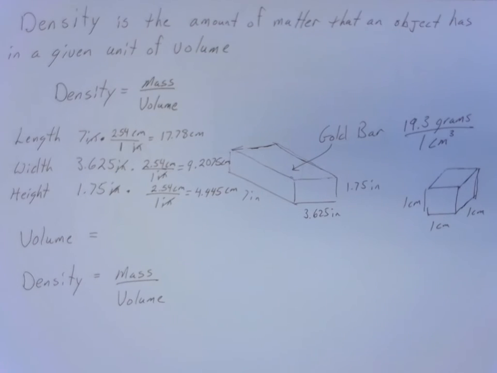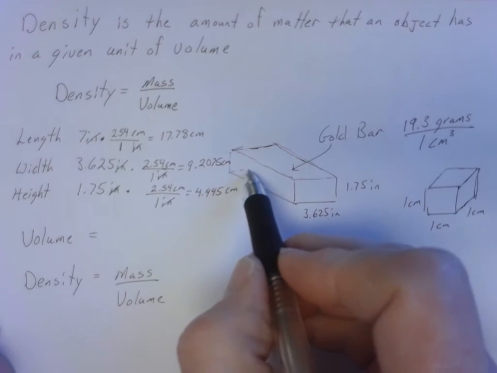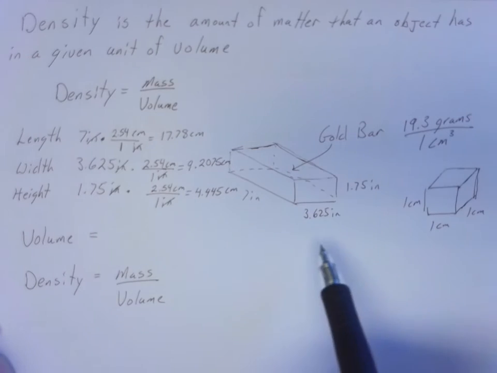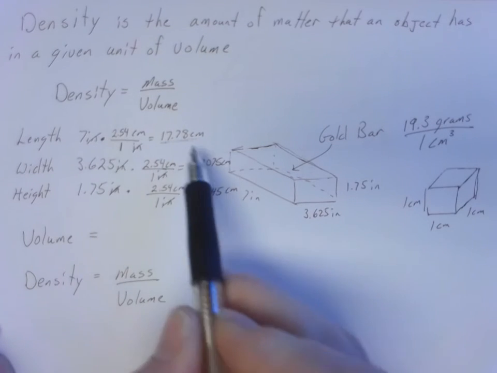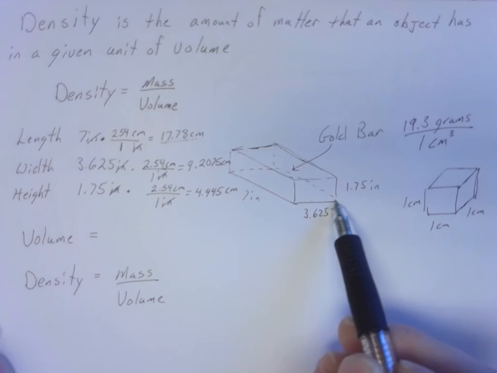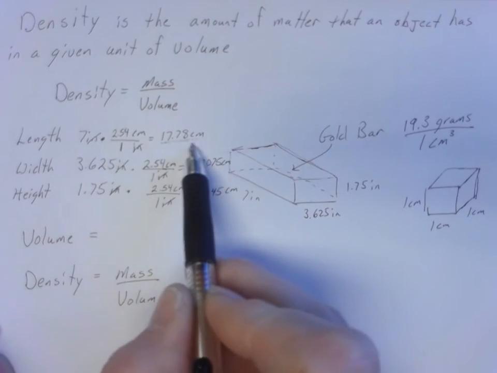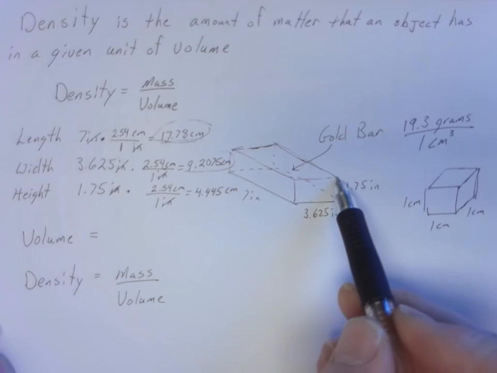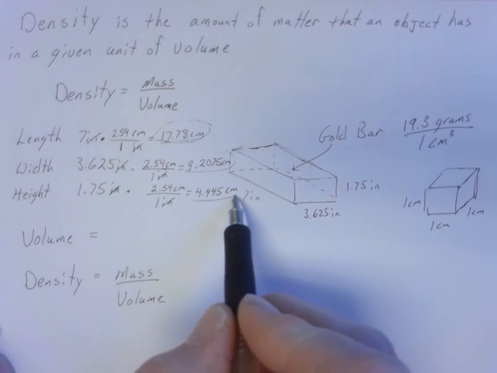Okay, so now how are we going to find the volume of this object? We're going to take the area of its base, which would be its length times its width. So we're going to multiply these two numbers together. And then we're going to multiply by the height, area of the base times the height.